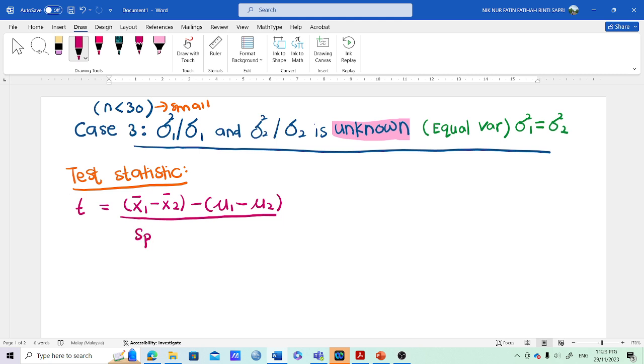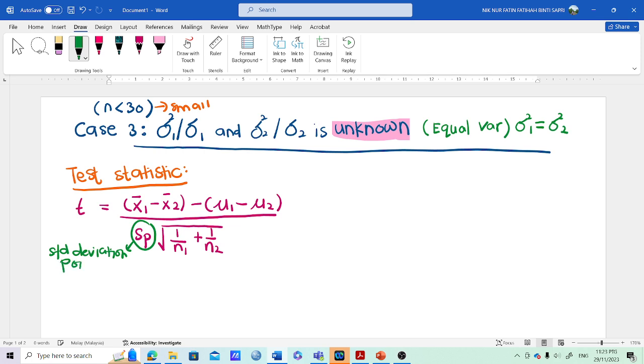SP stands for standard deviation pool, and here SP is multiplied with the square root of 1 over sample size from group 1 plus 1 over sample size from group 2. Again, SP here is the standard deviation pool.